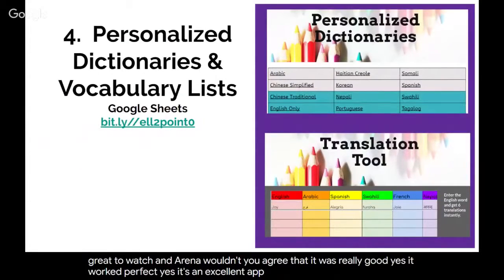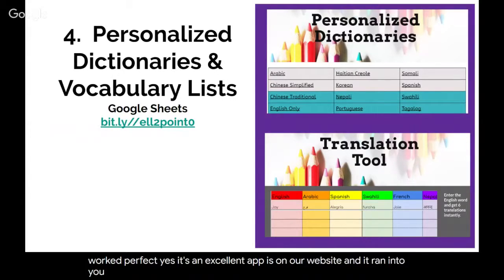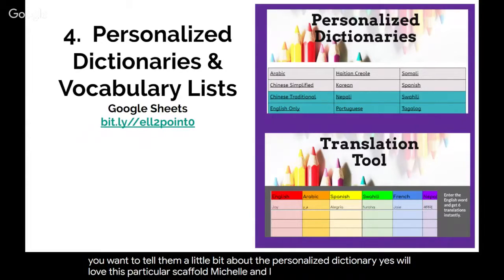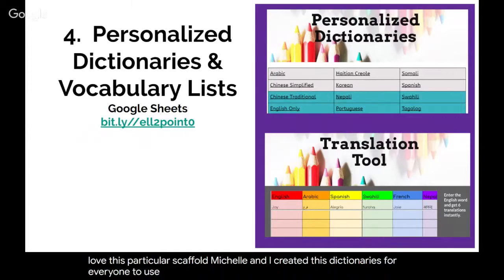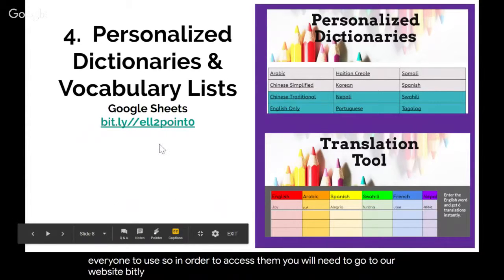Okay, another tool we like is on our website. And Irina, do you want to tell them a little bit about the personalized dictionaries? Yes, we love this particular scaffold. Michelle and I created these dictionaries for everyone to use. So in order to access them, you will need to go to our website, bit.ly, ELL 2.0.